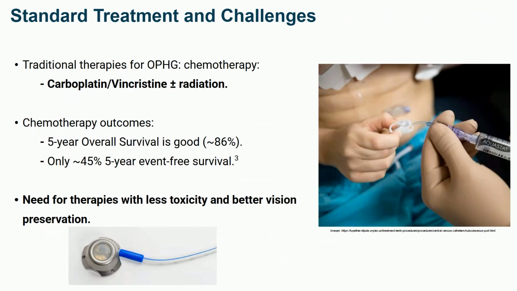So the standard of care for optic pathway gliomas currently is a mixture of carboplatin and vincristine, sometimes coupled with radiation. So just picture the burden on the pediatric population when you are using IV chemotherapy and radiation to treat this type of cancer.